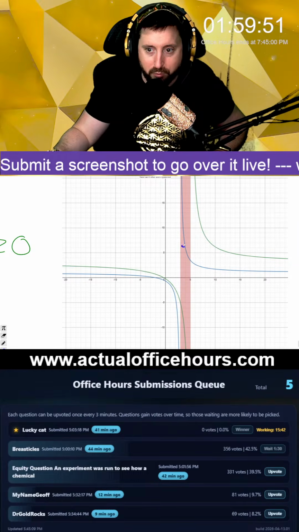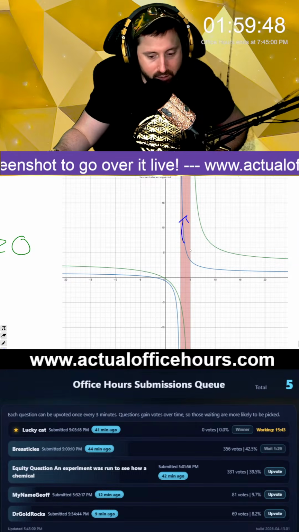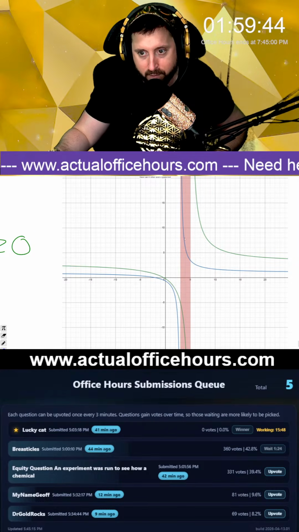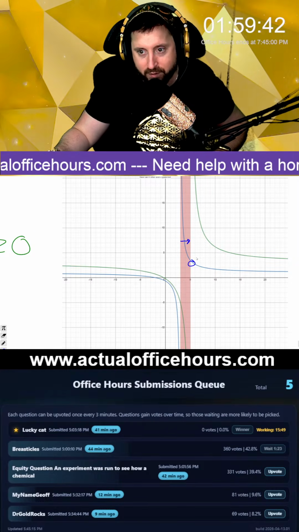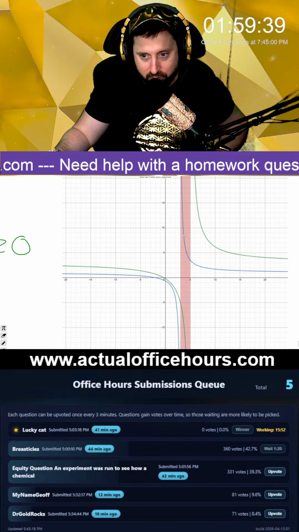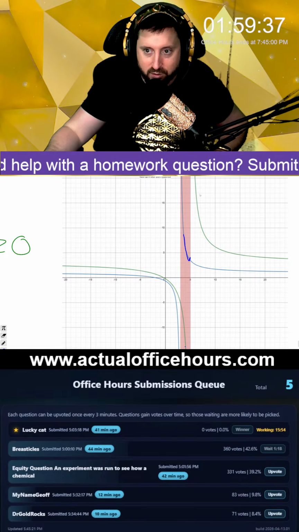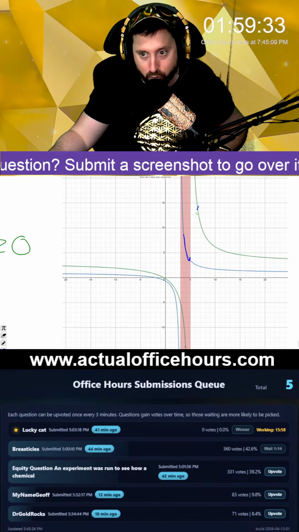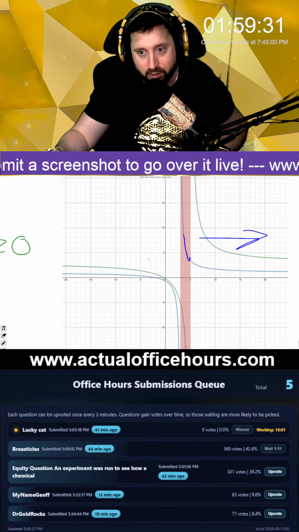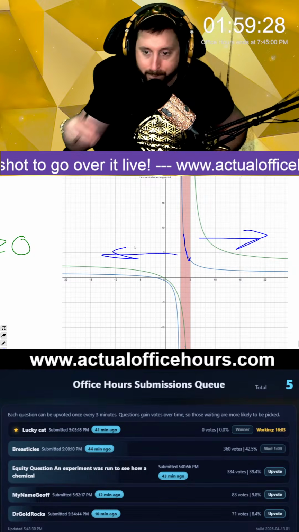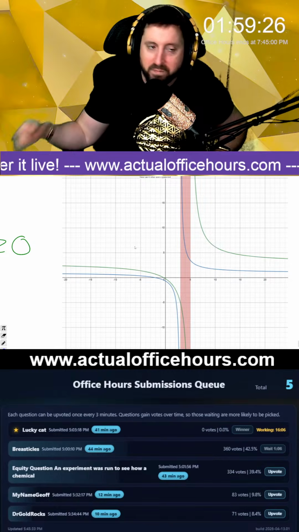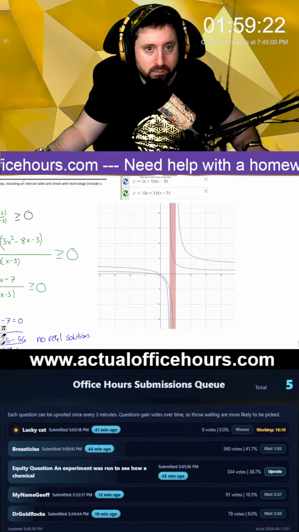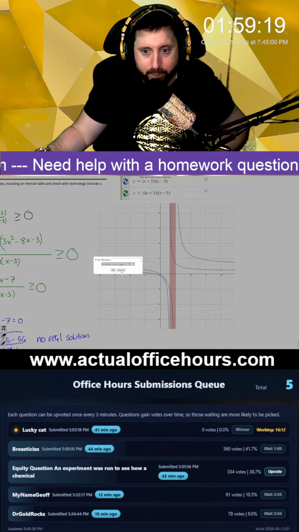So very close to 3, blue is asymptotically almost positive infinity, and green is negative. So that's why blue is greater than green. And then as you get closer to 5, eventually blue is decreasing, but green starts coming down asymptotically from positive infinity. And so now green is bigger than blue over here, and green is also bigger than blue over here. That's hopefully a way you can see it. You got it? Cool. Nice. Okay, good job, pineapple.